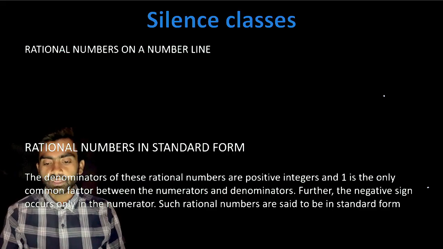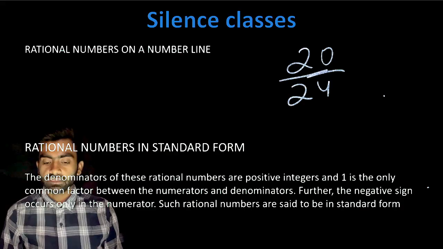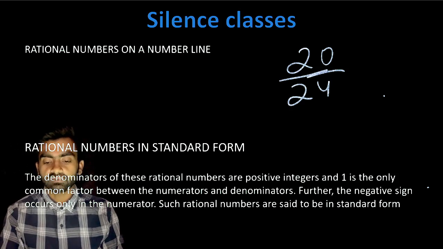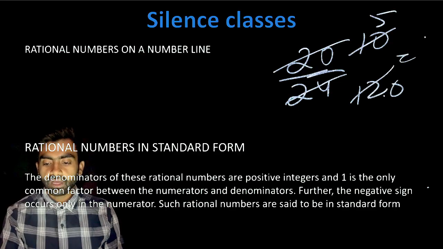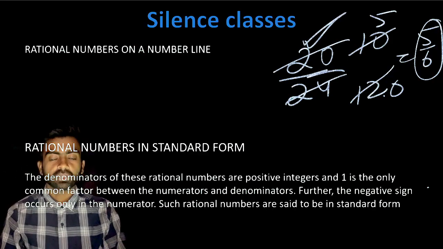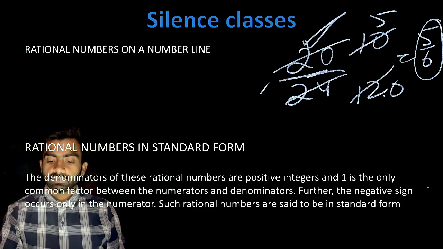Because if I write 20 upon 24, this is a rational number, but it is not in the standard form, because we can divide these numbers. So first of all we have to put these numbers in the standard form. 2 1s are 2, 2 2s are 4, 2 5s are 10, and 2 6s are 12. Now 5 upon 6 is the standard form of this number.